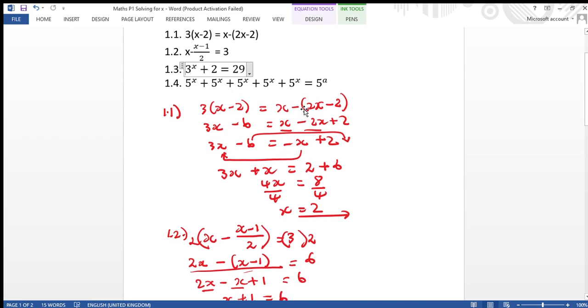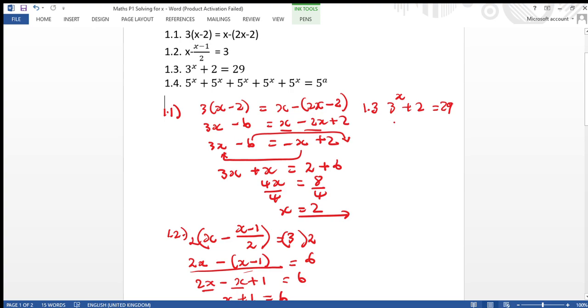Now let's do 1.3. Okay, for simplicity, let's just do it close by here. Let's write 1.3 here. We have 3 to the power x plus 2 is equal to 29.